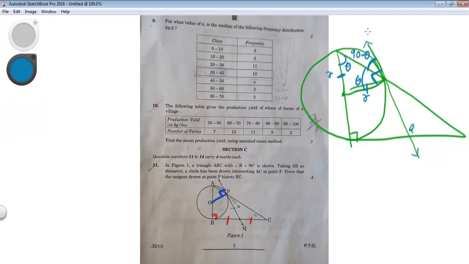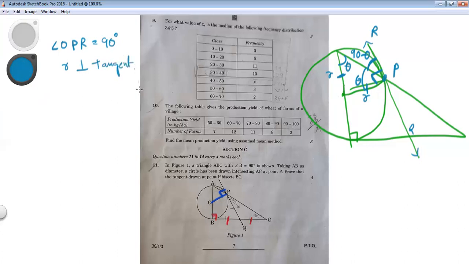This is Q. Let's say this is R, and this is P. So, angle OPR is equal to 90 degrees, since radius is perpendicular to tangent, right? Radius is perpendicular to tangent. That's the reason.